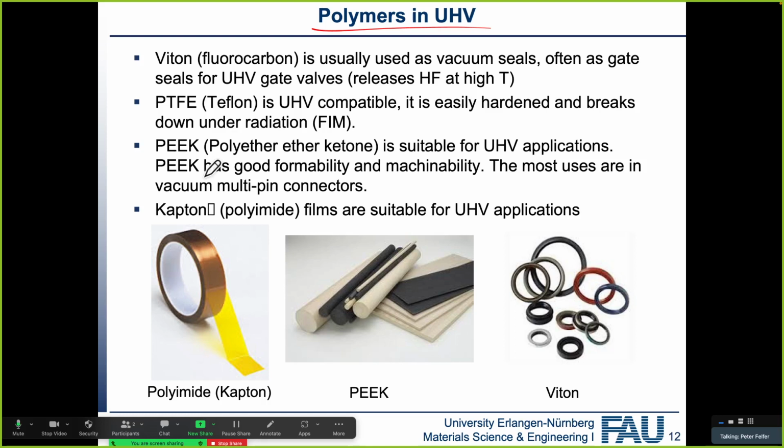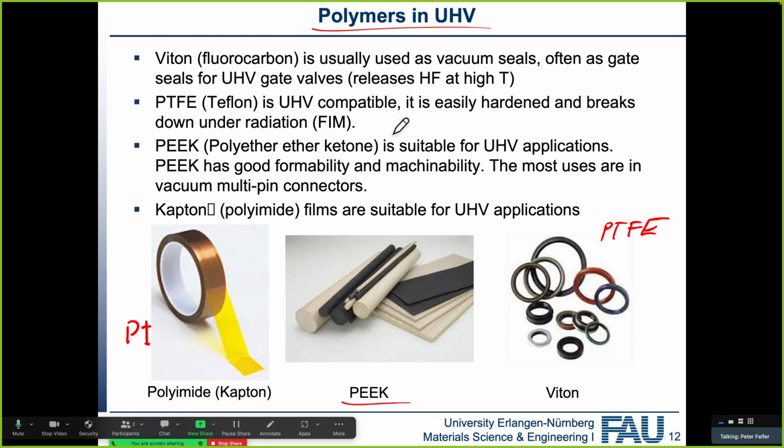Essentially, they are either polyimide-based, PI-based, or PEK-based, or some perfluorinated polymers, like PTFE, PFA, or Viton, which is perfluorinated rubber. And they are also fine to use, but they tend to have temperature limitations.